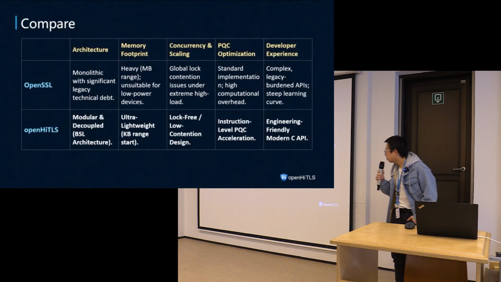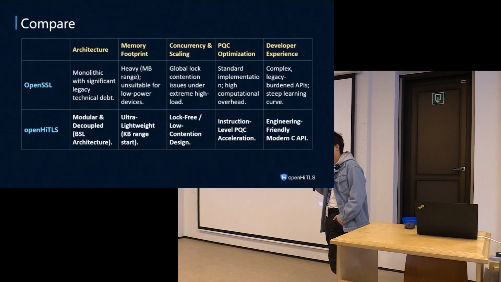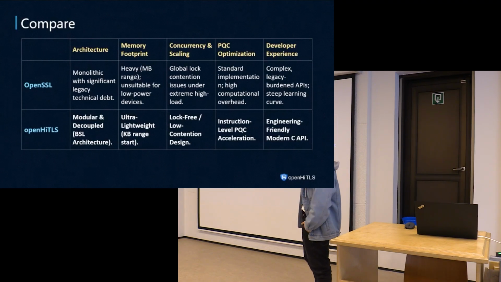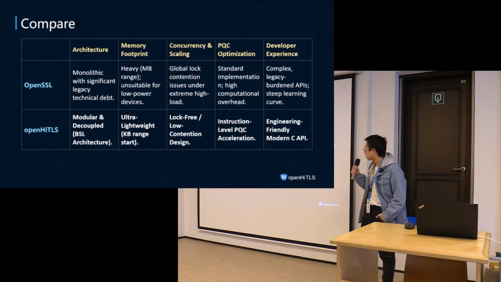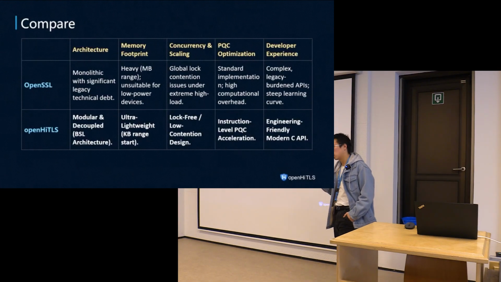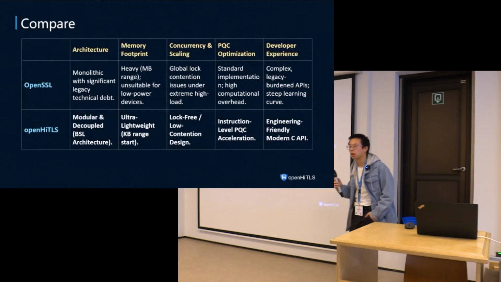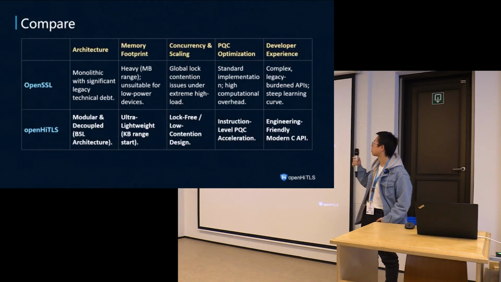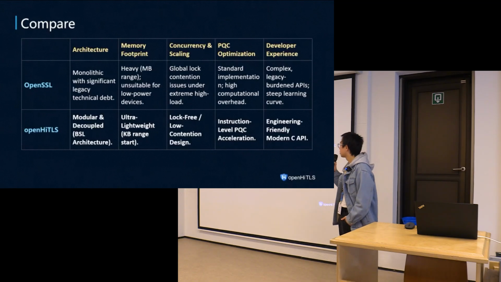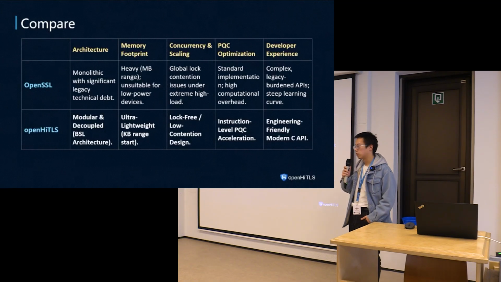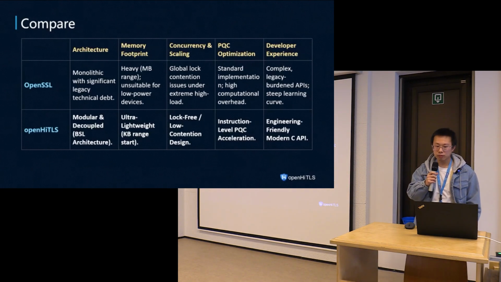Compared to OpenSSL, OpenHiTLS has a modular design and decoupled architecture, which allows users to tailor it. This achieves an ultra-lightweight memory footprint in the kilobytes range for devices, and it's also very suitable for concurrency-scaling systems with a lock-free, low-contention design.